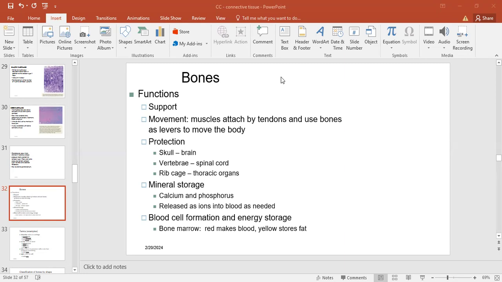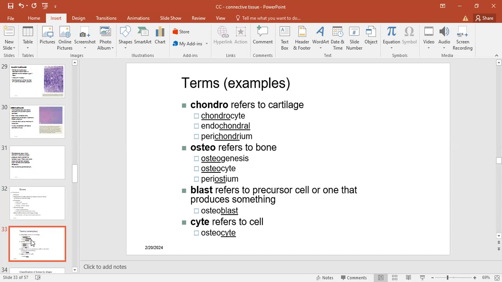Those two hormones are antagonistic of one another in the release and in the keeping of calcium in the bones. And then we have blood cell formation in the bone marrow, which is part of the bones. You're going to find formation of red blood cells, and then you're going to find storage of energy in the yellow bone marrow. Okay, so those are some of the functions of bone.